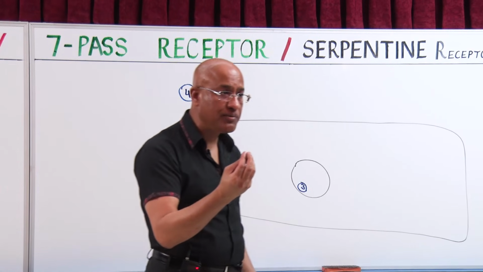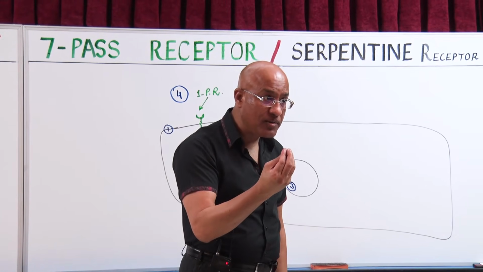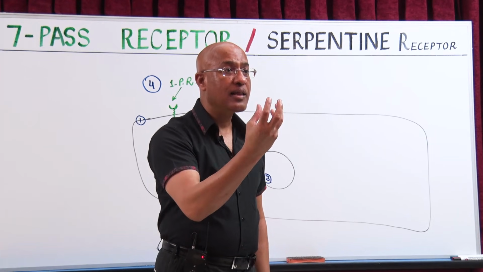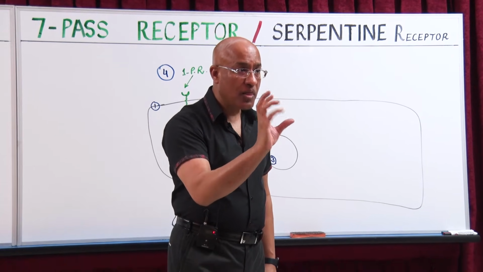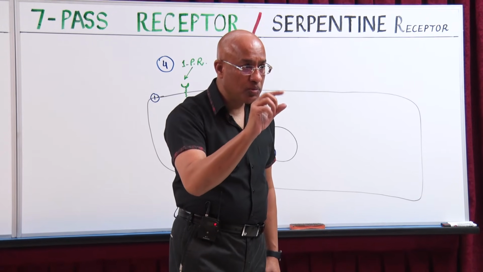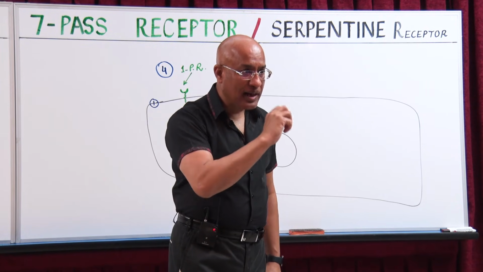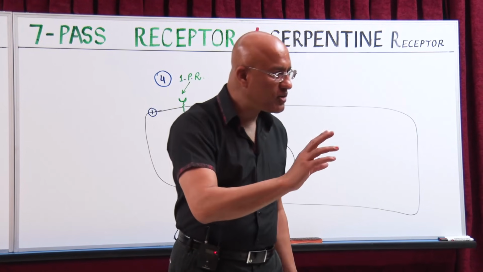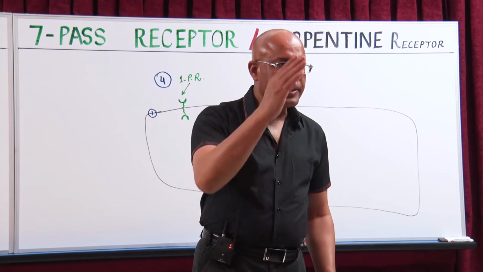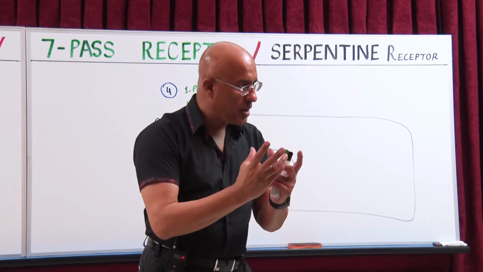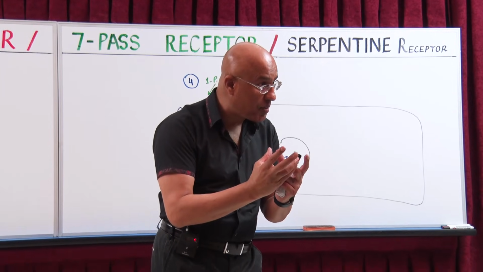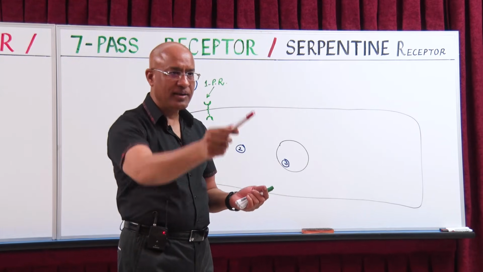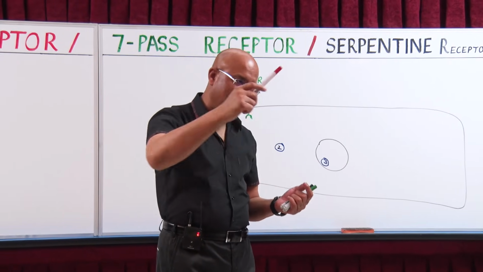There may be 4 or 5 different peptide units going through the membrane, or there is one peptide unit but it passes through 4 or 5 times. Can you tell me some example of such receptors? Any receptor where a peptide unit is passing through the membrane 4 or 5 times, right? Are you going to tell me? Yes. Sir, ion channel. Ion channels, very good.